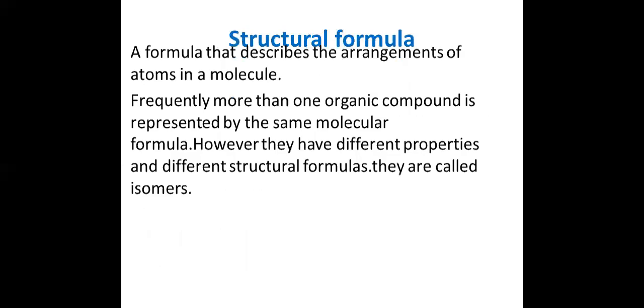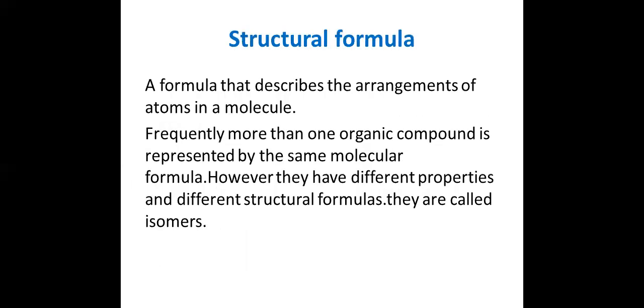Structural formula is a formula that describes the arrangement of atoms in a molecule. Frequently, more than one organic compound is represented by the same molecular formula. However, they have different properties and different structures. Their molecular formulas are the same, but their structure is different and their properties are different.